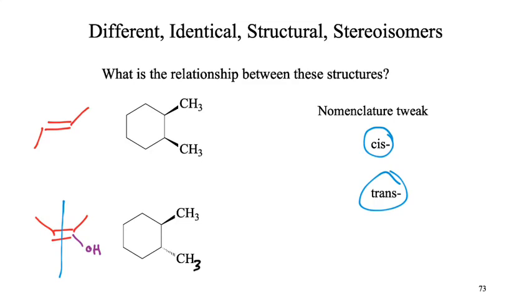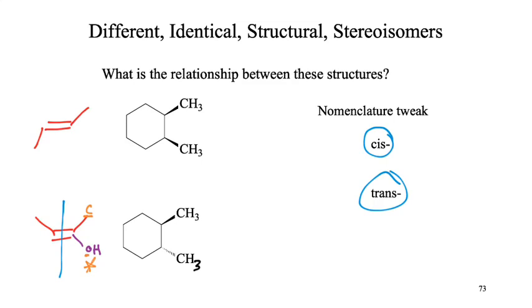The priorities I'm assigning are to the atoms connected. So in this case, it is carbon versus oxygen. Is there a difference? Yes. So since there's a difference, we have to assign a priority. The rule for priority, because it's a rule, someone just created it, don't blame me, is atomic mass. Which has a larger atomic mass? Oxygen. So I'm going to star that because that's the higher priority.